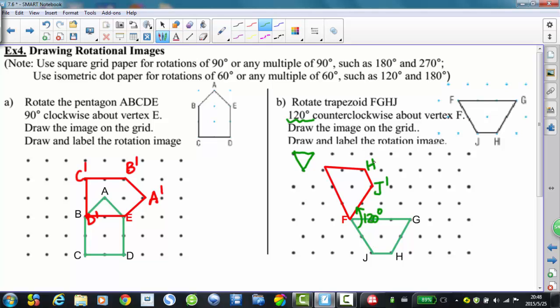The point next to J prime is H prime, which is corresponding to H. So FG, this is 60 degrees, 60 degrees. So the blue trace shows me I rotate 120 degrees counterclockwise to get G prime here. So that's how I can get to the rotation image after I rotate 120 degrees counterclockwise.